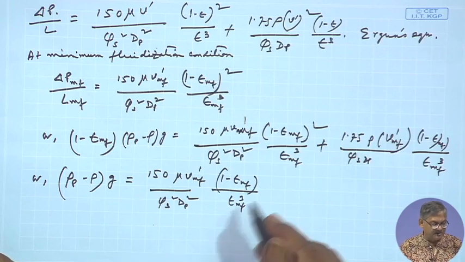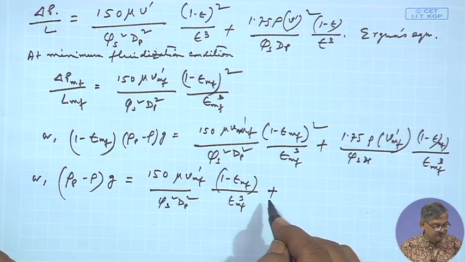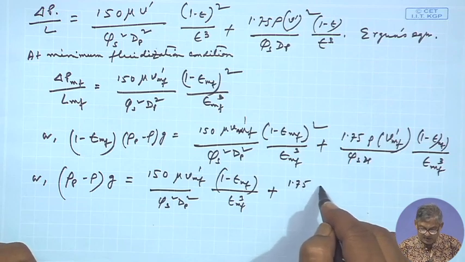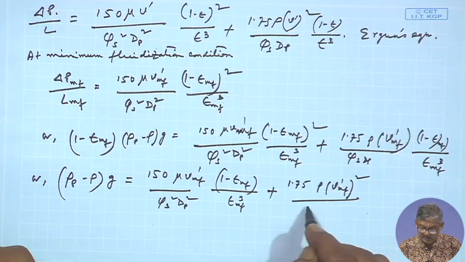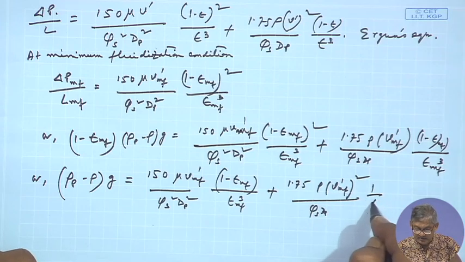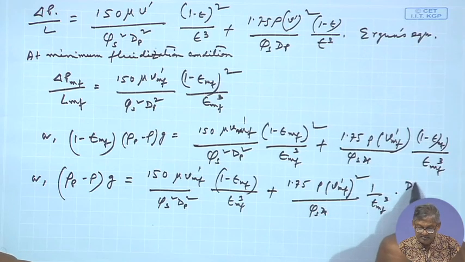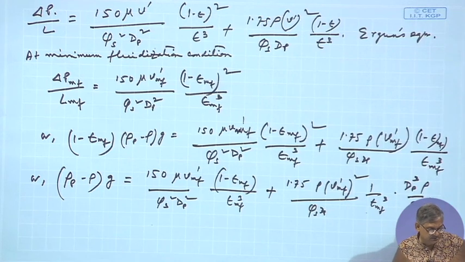right, plus 1.75 into rho V_mf prime squared by phi_s d_p into 1 by epsilon cubed. Times d_p cubed rho by mu squared, right.